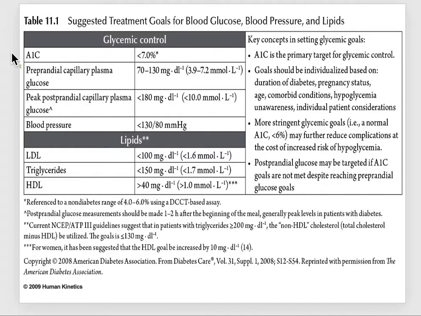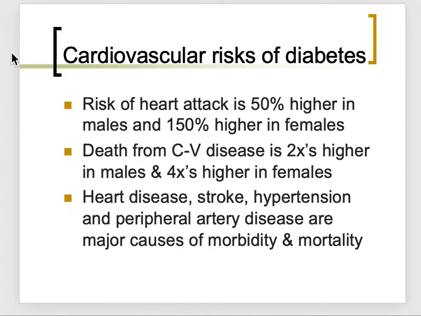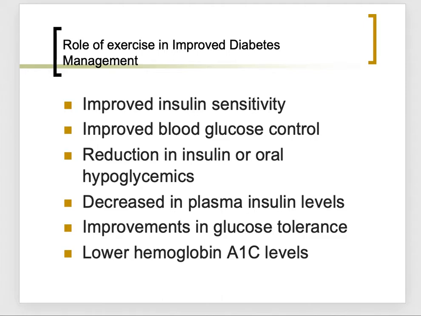Our hypertensive level for diabetics is 130/80. So we're looking at hemoglobin A1C being less than 7. When you're looking at meals, before they eat, their glucose should be between 70 and 130. That's decent control. And then post-meal, it should never go above 180. Lipids: their bad cholesterol less than 100, triglycerides less than 150, and HDLs, we want those greater than 40. So this is an important slide for those of you for whom these numbers might be new.